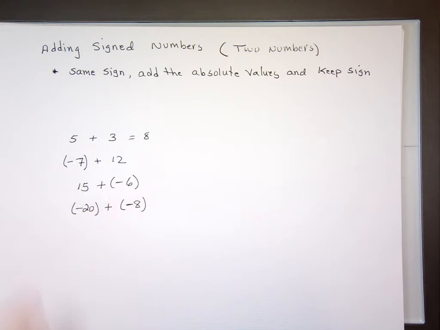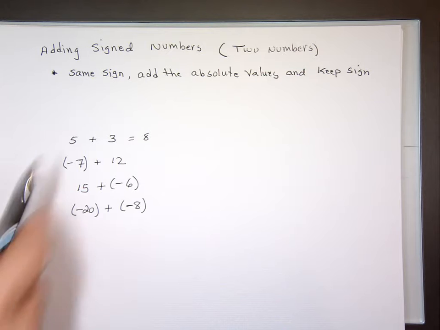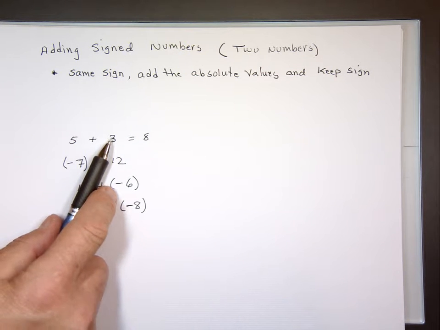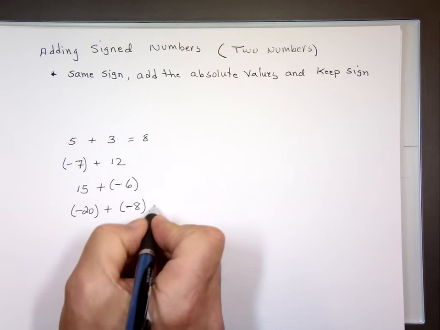So that applies to this one, 5 and 3. If you were to add 5 and 3, notice they're both positive. What's the absolute value of 5? 5. What's the absolute value of 3? 3. What's 5 plus 3? 8. That also applies here.